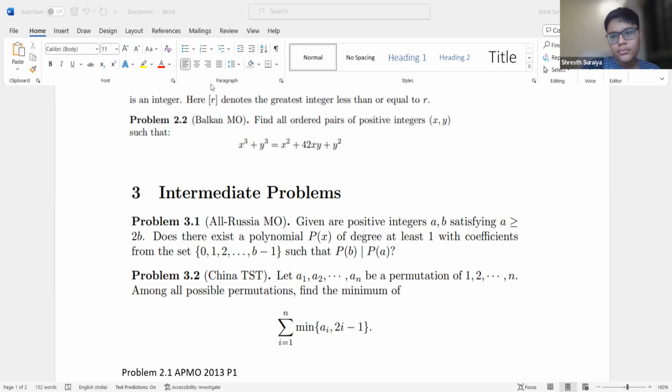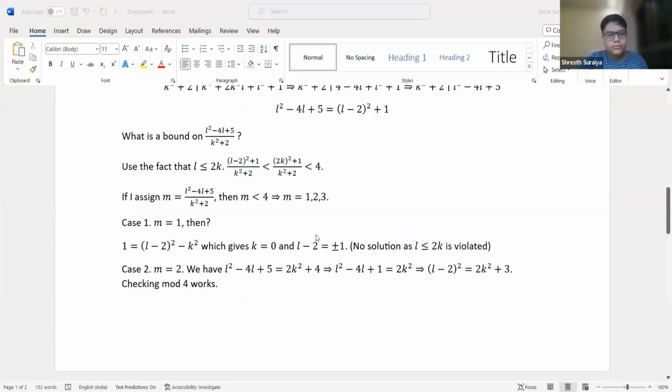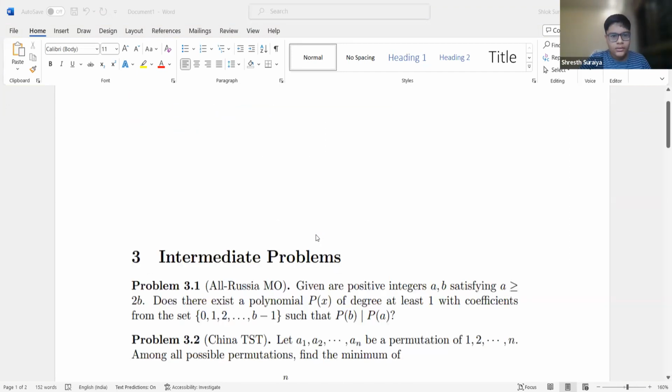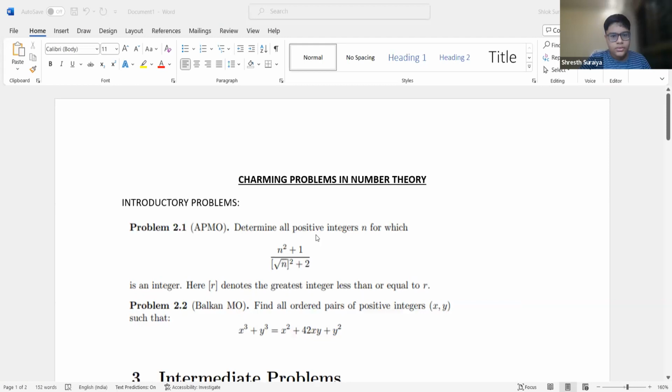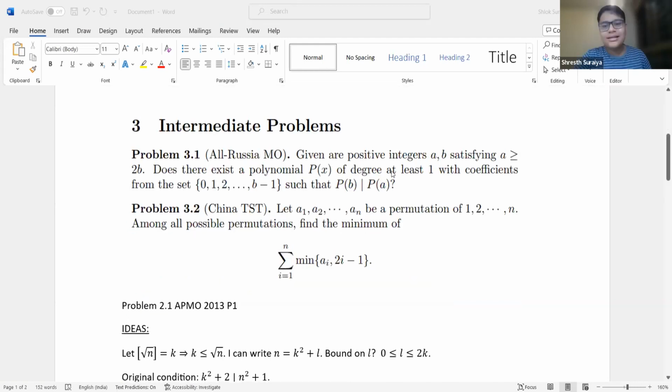Martin and Harsh have tried. So 3.1 is a very beautiful problem. It's like a construct.